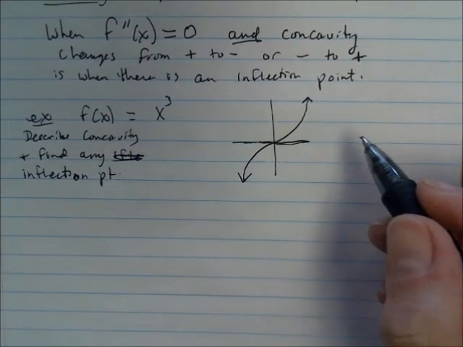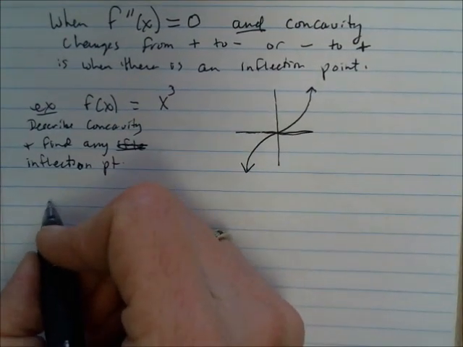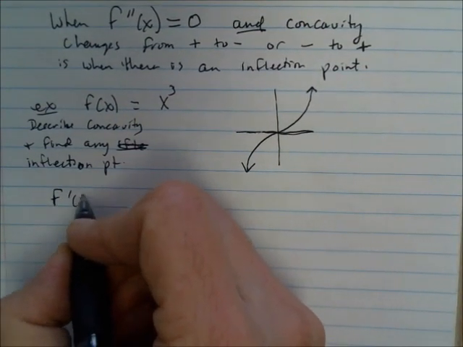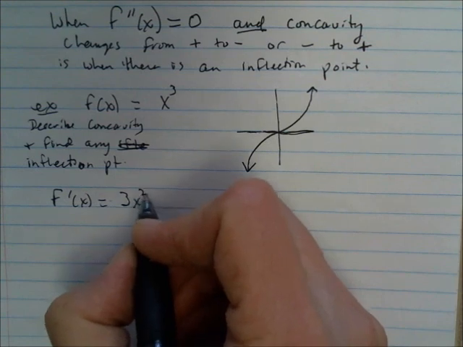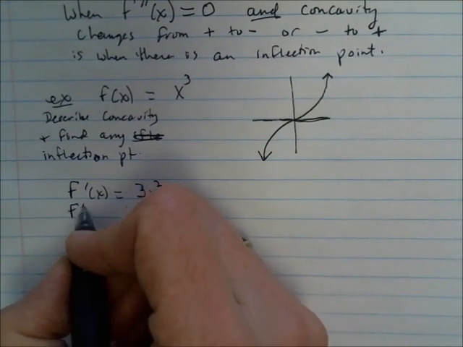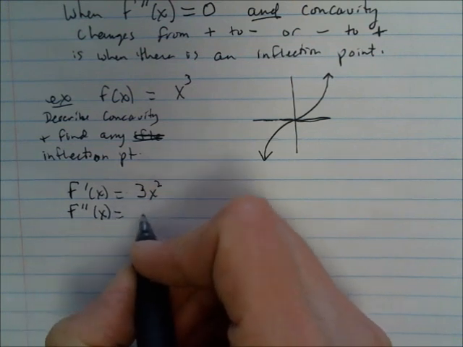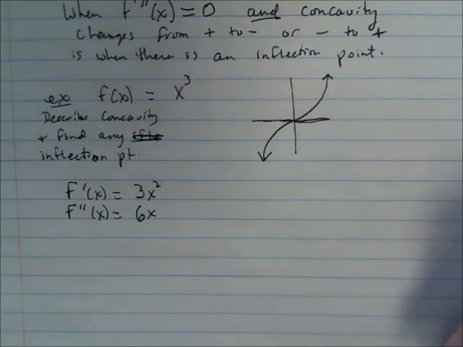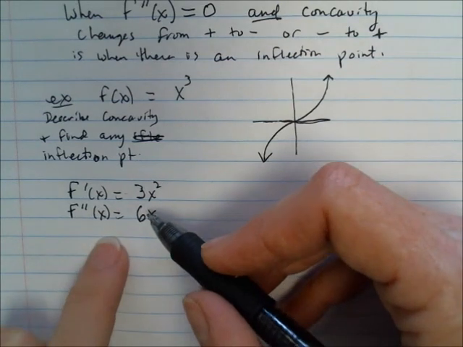All right, so what we're going to do is take f prime of x, which is 3x squared, and then take the second derivative, which is 6x. So the second derivative is 6x.